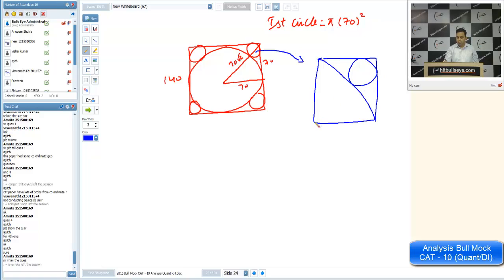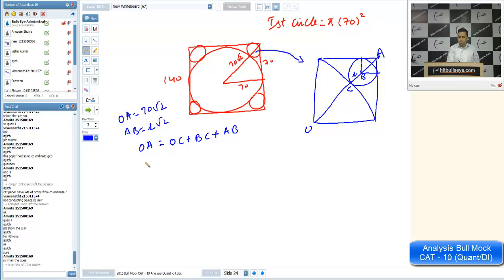So this whole value from here to here, OA, is 70 root 2. Now let us say that this circle has radius r, so this value will be r, this is also r. Let this point be B, so AB will be equal to r root 2. Now OA is equal to OC plus BC plus AB.